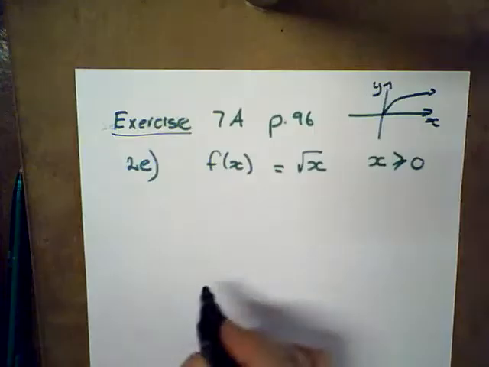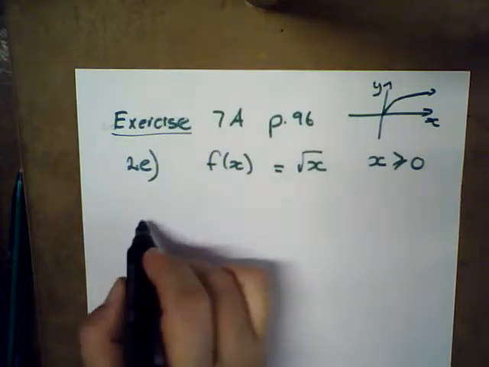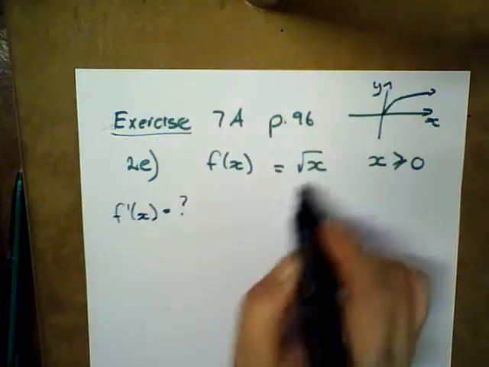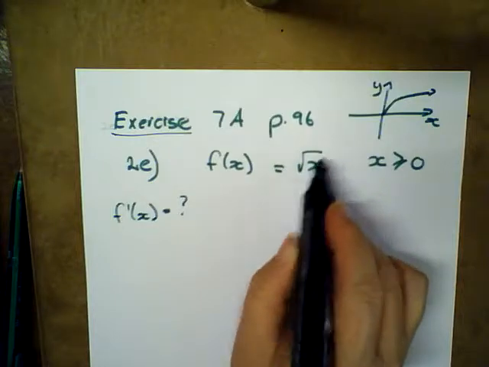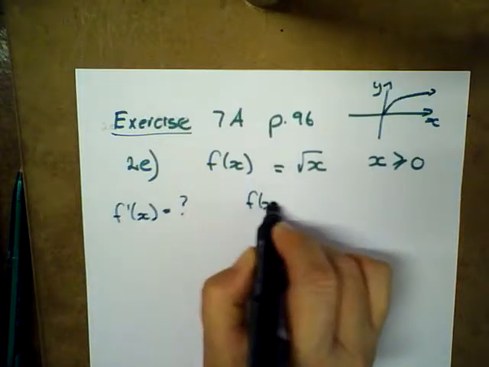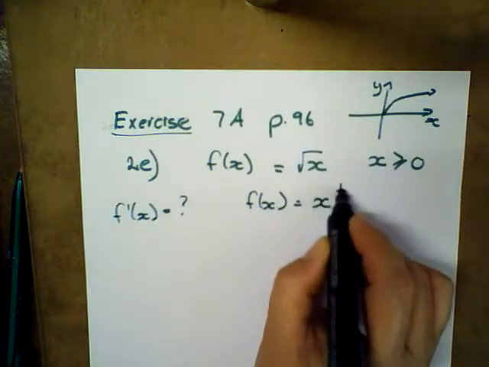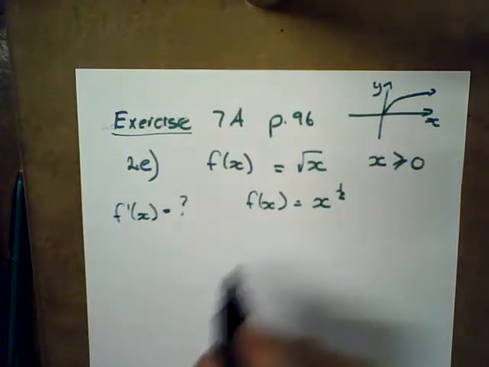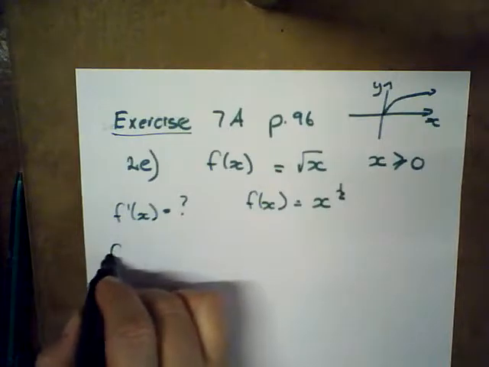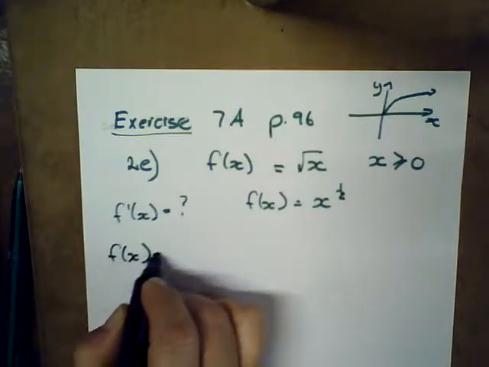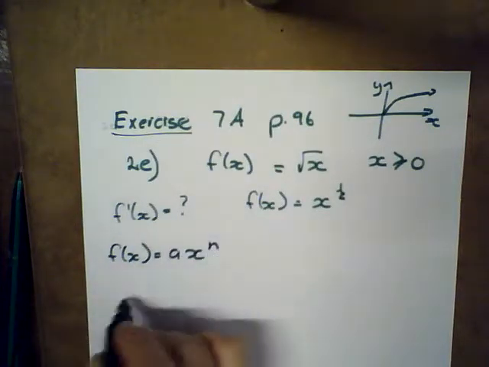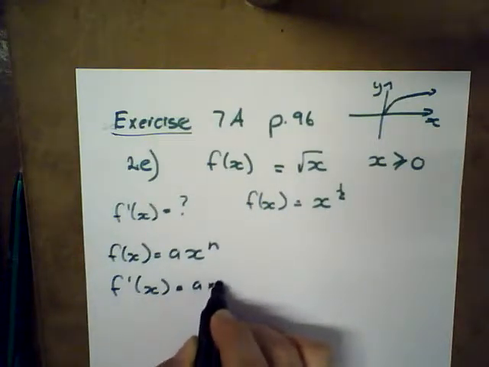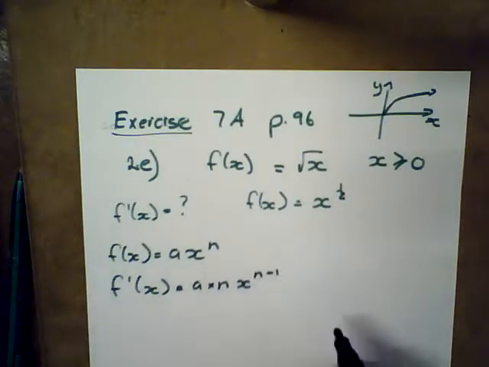Okay, so now let's see. If I need to find the derivative of this function, first of all, I need to change this into an index form. So f(x) equals x to the half power. Then, if I need to find the derivative, I would just use my rule. So f(x) equals ax to the power n, the derivative will be a times n x to the n minus 1.